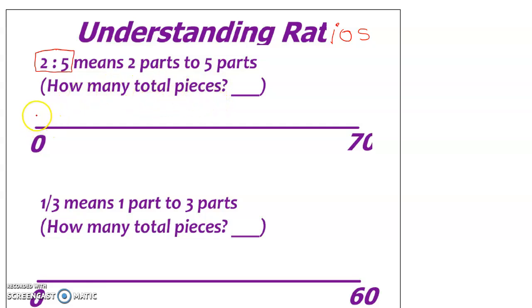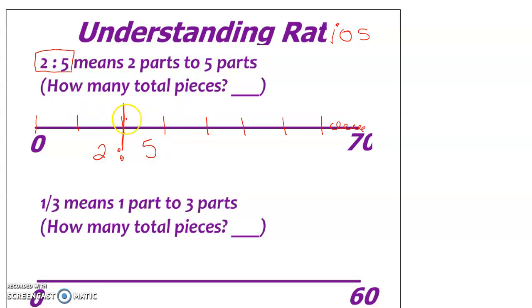So if I have 2 parts, and then I have another 5 parts on the other side, then I have my ratio be breaking the segment right here, 2 parts to 5 parts.